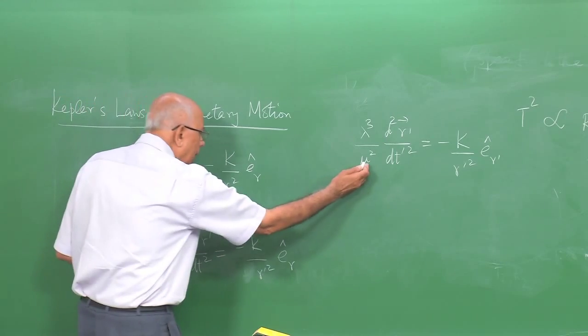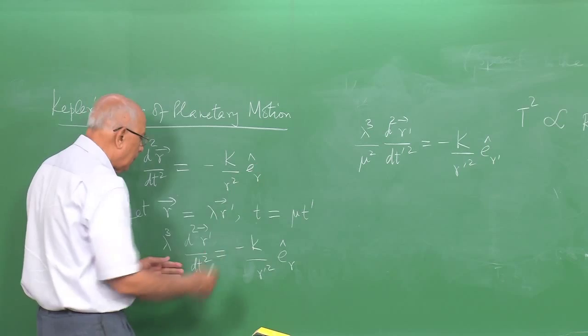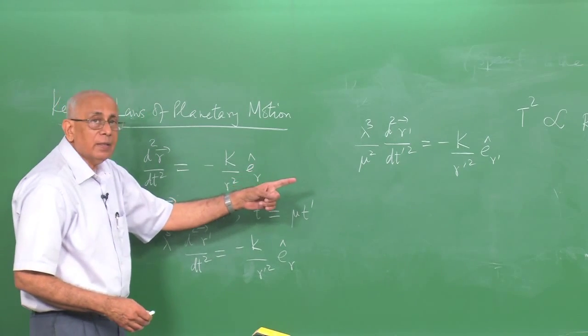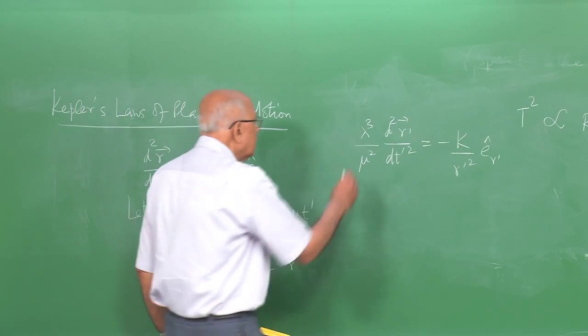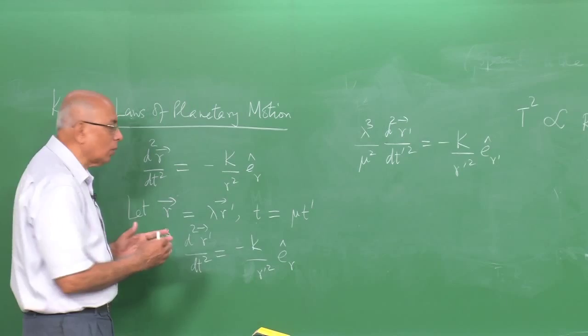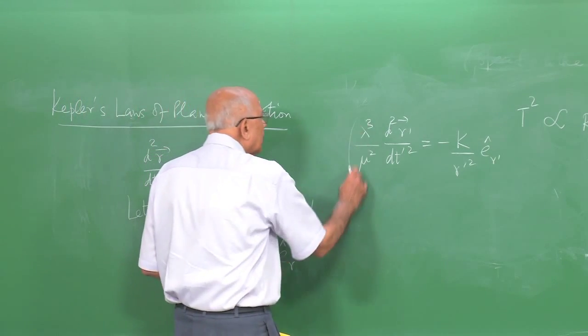I pull out a mu squared, because differentiating with respect to t is like differentiating with respect to t prime with a mu pulled out. So the equation of motion is identical to the old equation. The same physics is going to be described, except that I have this extra multiplicative factor here.